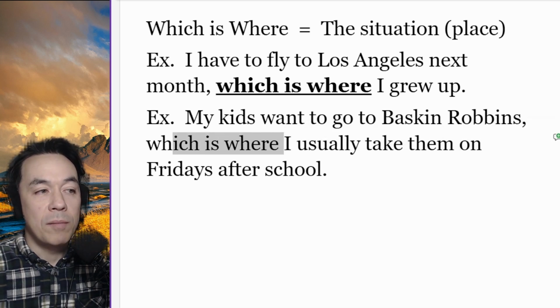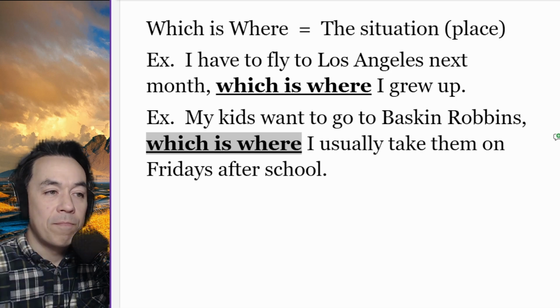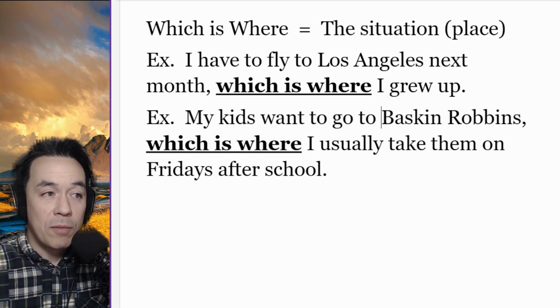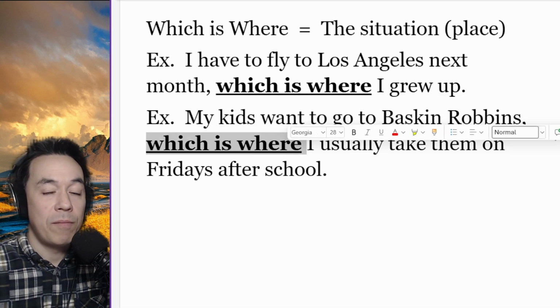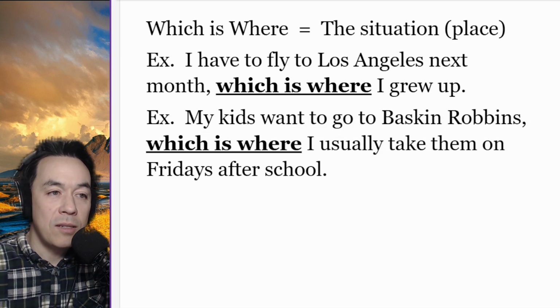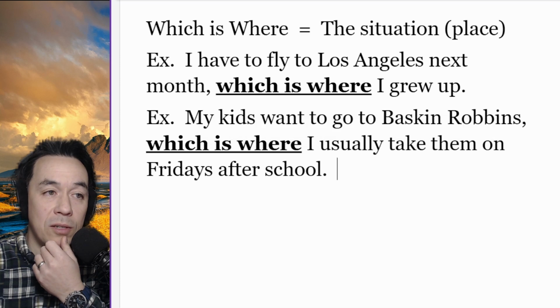Yeah, I think it also just has a break from this part. My kids want to go, which is where I take them. So it does explain, oh, well, what is that? It's where we usually go. Or what is Los Angeles? It's my hometown.